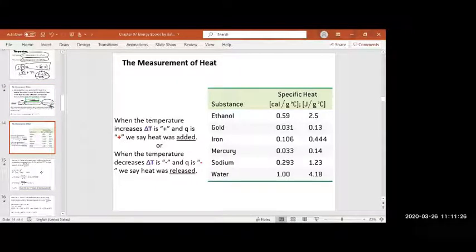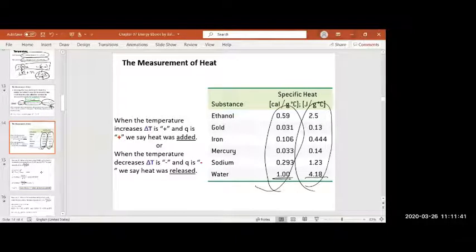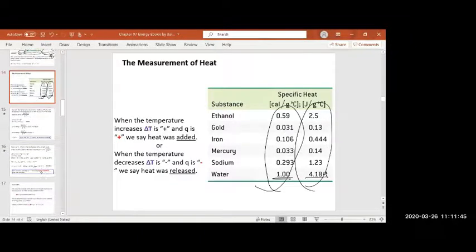This table gives you the specific heat for some common objects, like for water, it is 1 calorie divided by gram times Celsius degree, or for joule unit will be 4.184 joule divided by gram times Celsius degree.